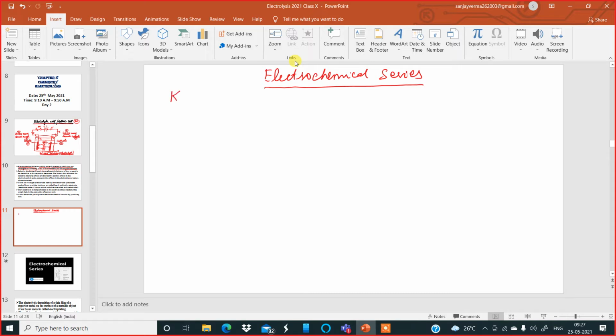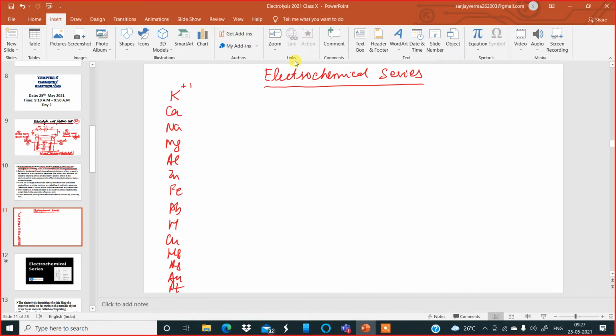On the left hand side I'm writing the ions K, Ca, Na, Mg, Al, Zn, Fe, Pb, H, Cu, Hg, Ag, Au, and Pt.